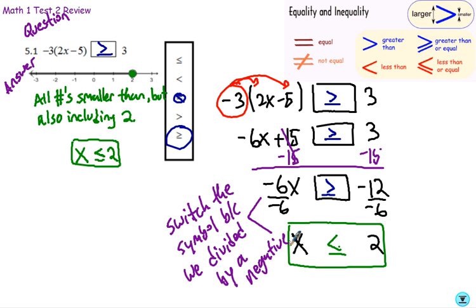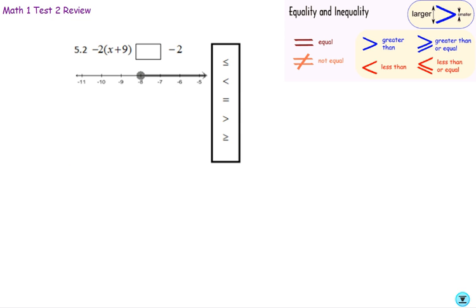So again, kind of a weird question. They gave us the answer and they wanted us to figure out what the problem started off as. If the answer is a less than or equal to, it must mean that the problem started off as a greater than or equal to. I'll give you a hint and a shortcut here. Basically, it's just going to be the opposite symbol, but we want to prove that that's what it is. All right, so let me show you what number 5 would be on the right side.